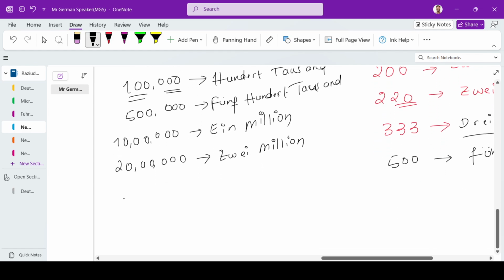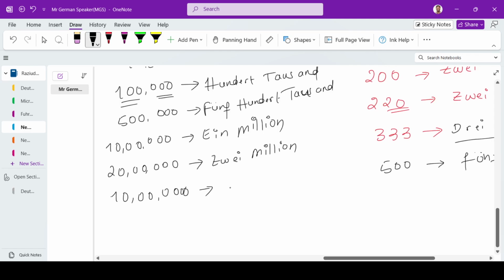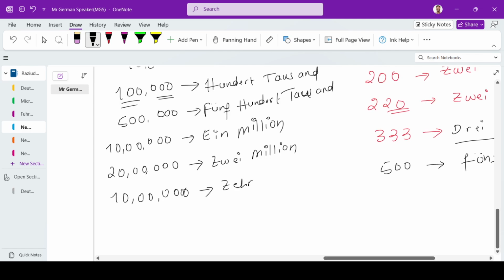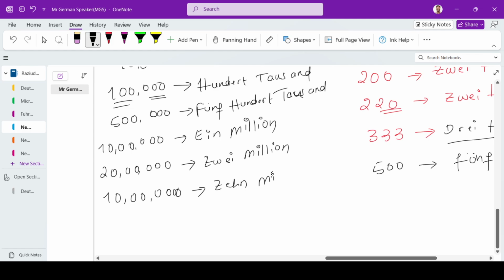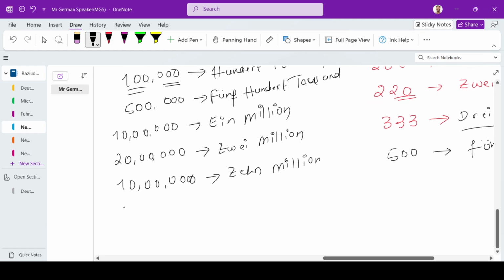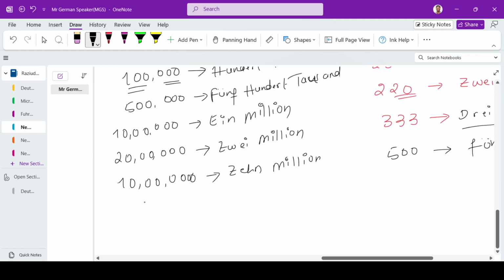Okay. Someone wants to say 10 million. It will be like 10 Millionen, or 10 million, even that is okay. And someone wants to say 1 billion, 100 crore.